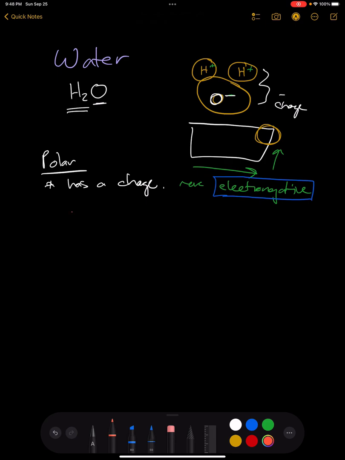Because if I put a water molecule right here with some positives, and then my negative, if I put another water molecule right next to it, you guys have seen this before. If you put water on a table and it starts to bead together, that's because we know opposites attract. And so this negative of one water molecule is going to be attracted to the positive of the other, right?